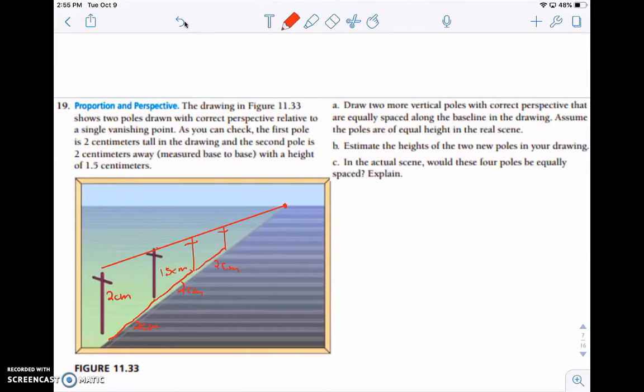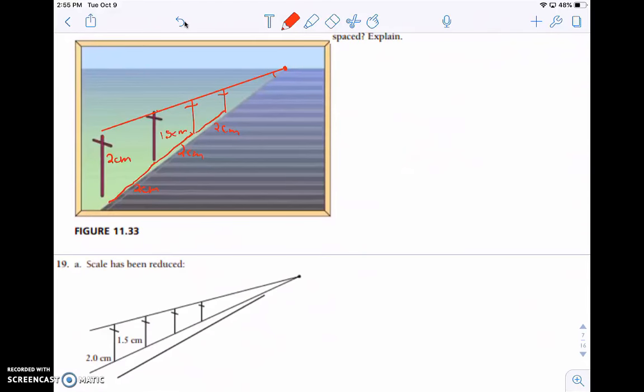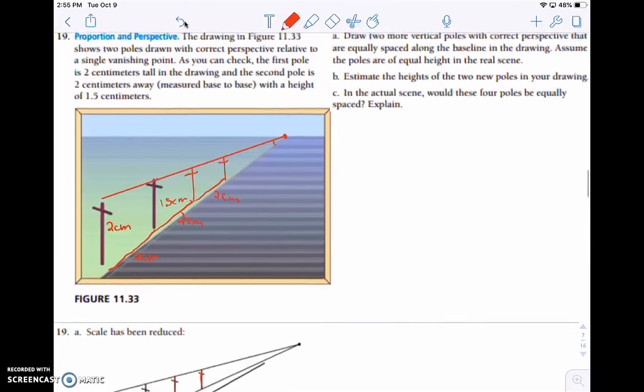Then estimate the heights of the 2 poles that you've drawn. You would actually just have to get out a ruler, because we're given some numbers but not sufficient information. We would need this angle right here or some other information to get the precision to calculate these mathematically, but you can just measure them. In your homework assignment, you'll see a picture created something like this, and you'll just need to measure these heights right here.